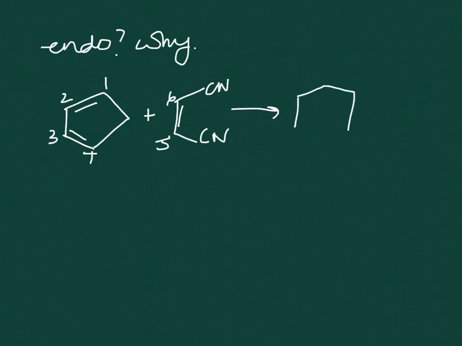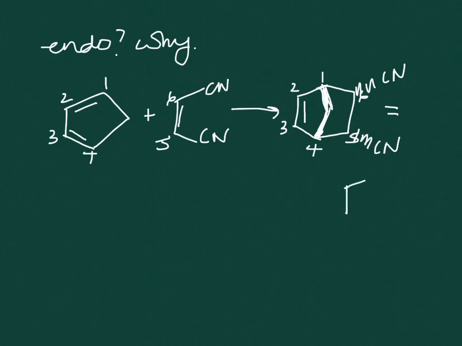Here's the cyclohexene base. 1, 2, 3, 4, 5, 6. The 1 and 4 can be by a single bridge. Okay, for the endo conformation, the cyano groups are pointing down.